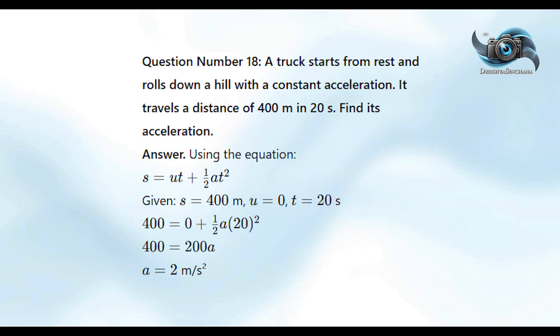Given S equals 400 meters, u equals 0, t equals 20 seconds. 400 equals 0 plus 1 divided by 2 multiplied by a multiplied by 20 squared. 400 equals 200 multiplied by a. a equals 2 meters per second squared.